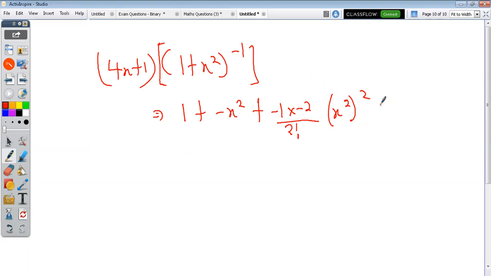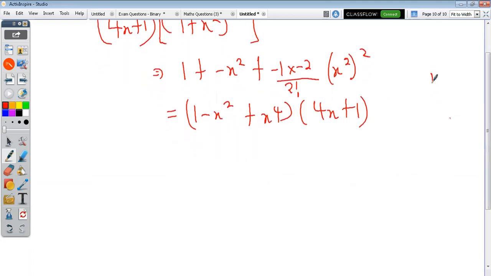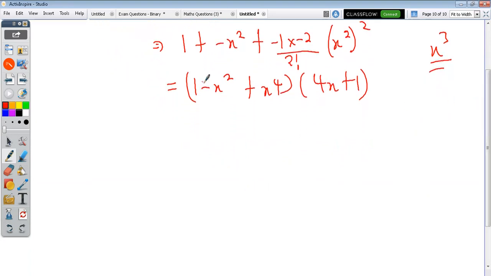So now, simplify here, that's 1 minus x squared. This is a positive here, so we get plus x to the power of 4. So is this here that we need to multiply by 4x plus 1? Is that making sense? But remember, we only want to get to x to the power of 3, yeah? Yes, sir. So now, let's multiply everything by 4x.